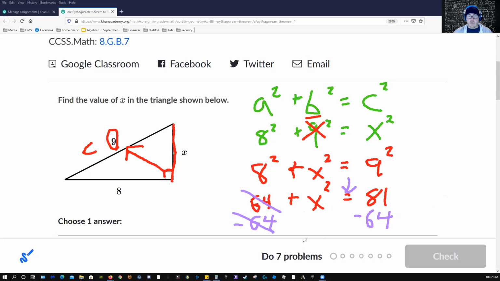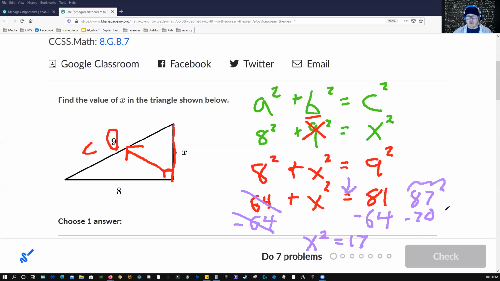So what I end up with is x squared equals 81 minus 64. That'd be the same as if I added 6 to both sides, that'd be the same as 87 minus 70, so it's 17.